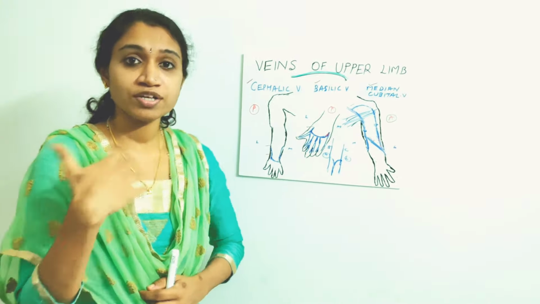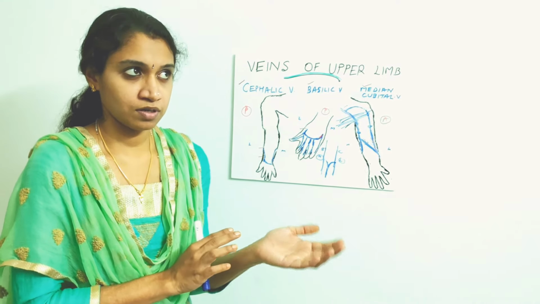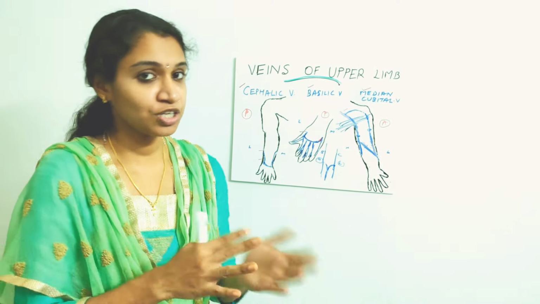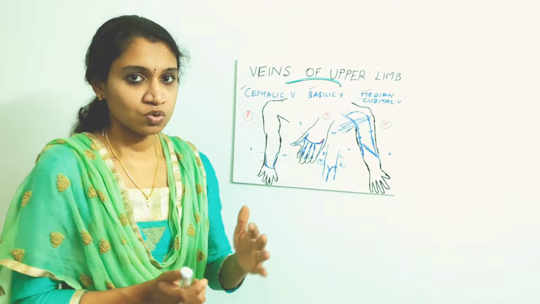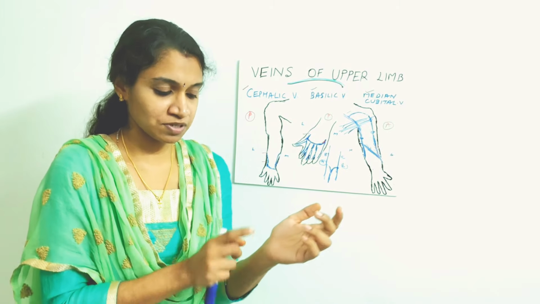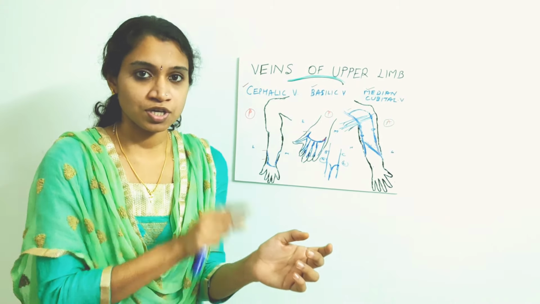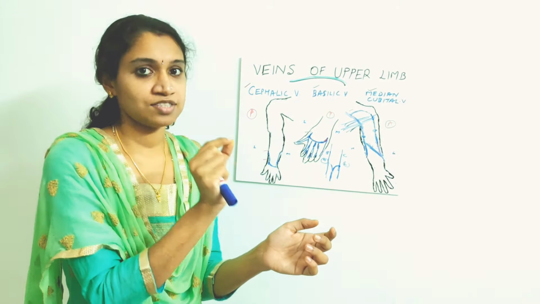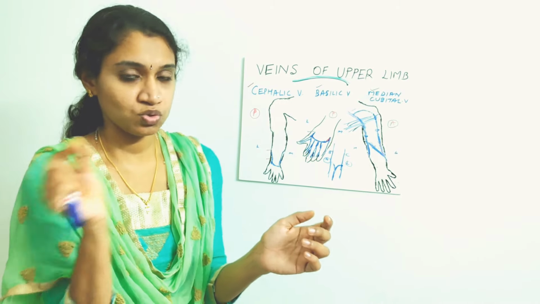So for that purpose, a fistula is created, an arteriovenous fistula. So what we do is take the radial artery and cephalic vein. We know both these are seen in the lateral aspect. So at the lateral aspect of the wrist, between the radial artery and cephalic vein, an anastomosis is made. A fistula is created between these two, artery and vein.